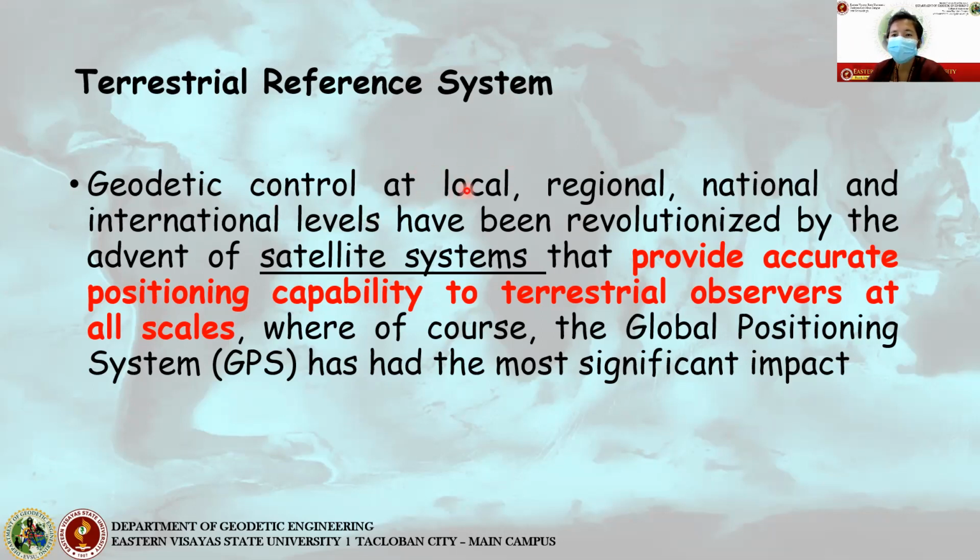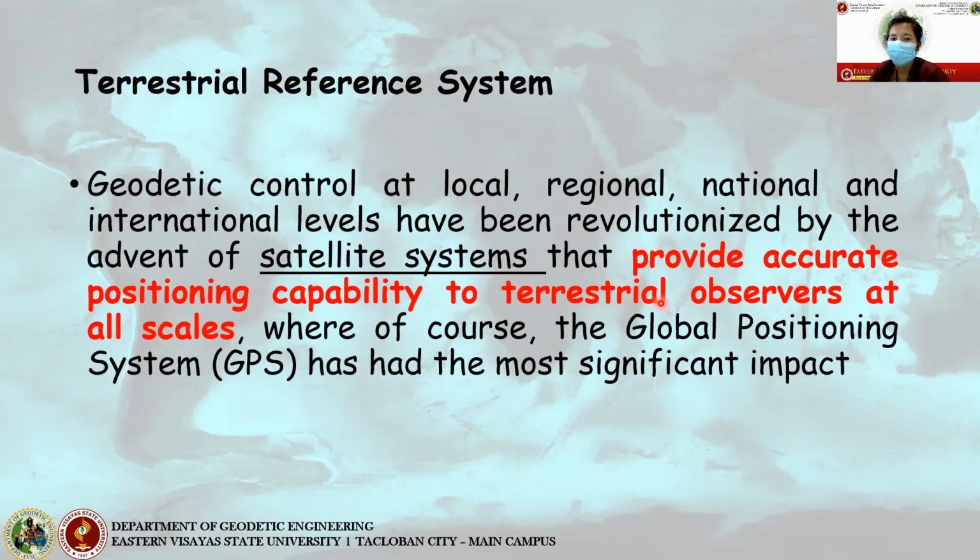So the coordinate system that we use today is more accurate and capable of giving precise observation. They provide an accurate positioning capability to terrestrial observers at all scales.